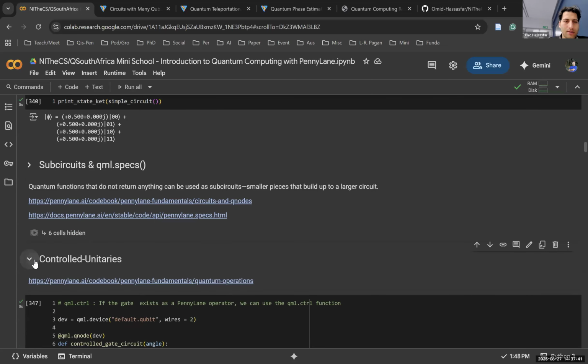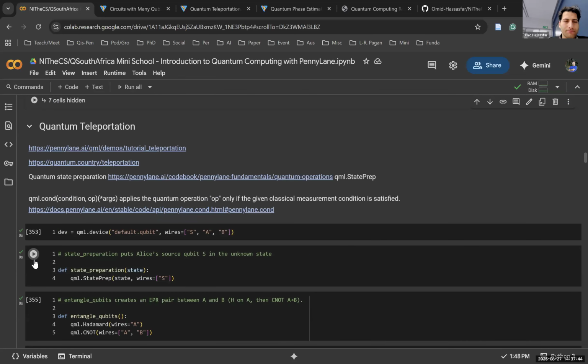Okay, I remember last session, one of the questions at the end of the session was, okay, we managed to show how we can teleport a quantum state from Alice to Bob with classical communication, picking up the phone and telling Bob what to do: apply Z or apply X, apply both Z and X, or do nothing.